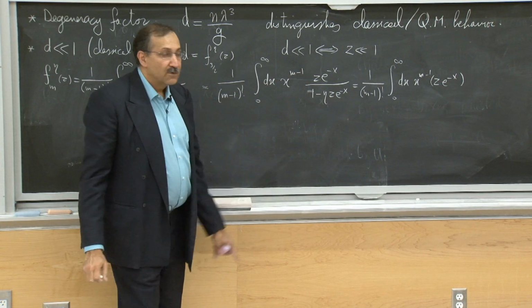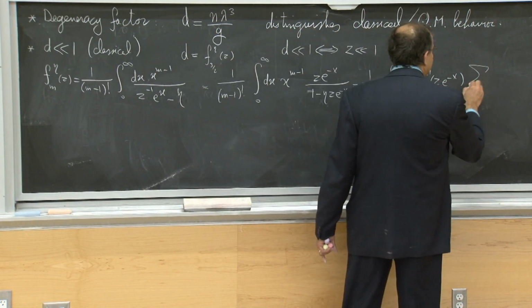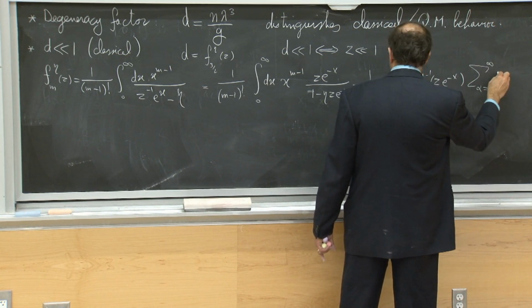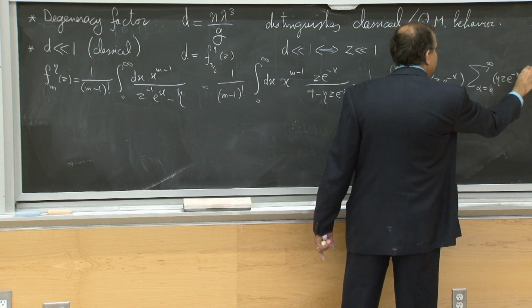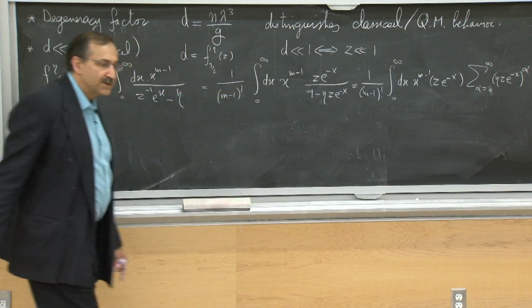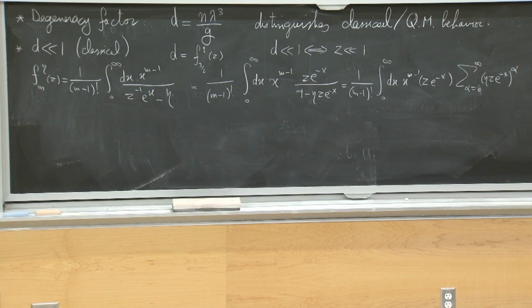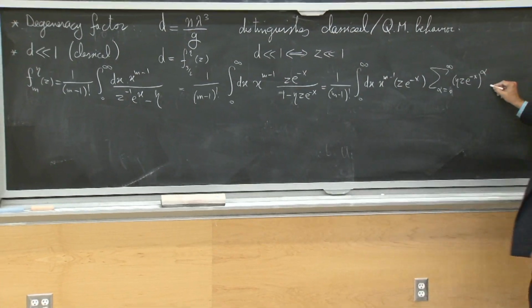And 1 over 1 minus eta z e to the minus x, I can write as the sum over alpha going from 0 to infinity of eta z e to the minus x raised to the power of alpha. This geometric series sums to what I have over there. Okay? Let's rearrange this a little bit.